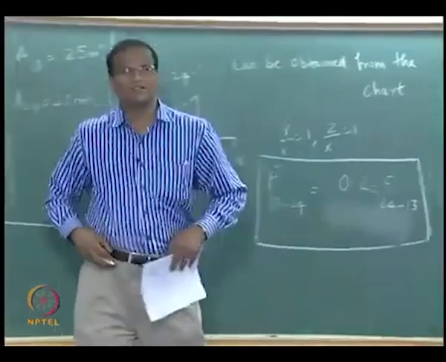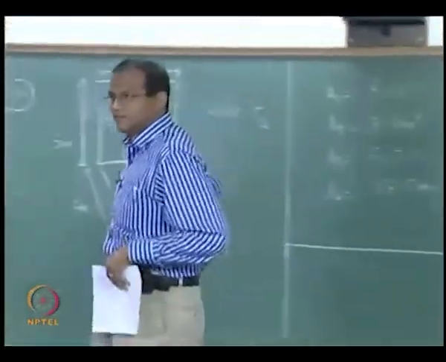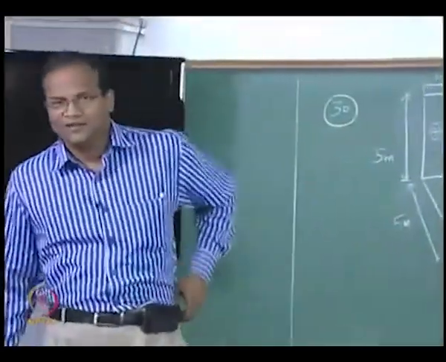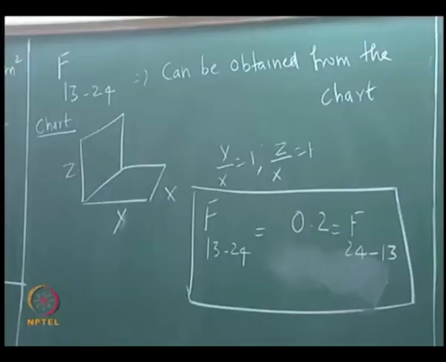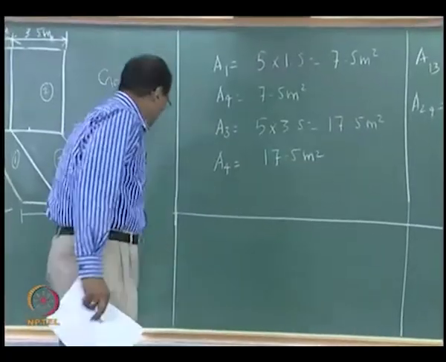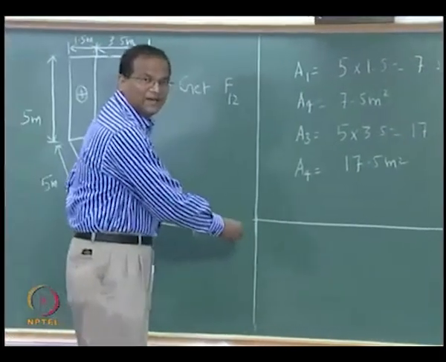So we have just started, we are far off from the final answer. This is just warming up, a lot of algebra is involved. F13 to 24 is fine, so far so good. Let us keep this here itself, whatever we obtain we will write here.